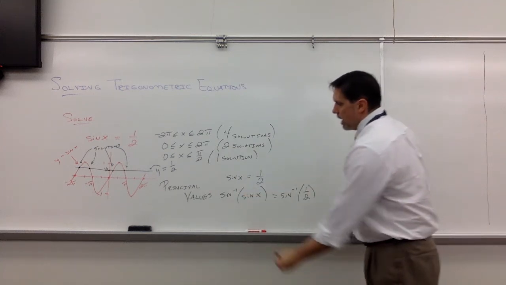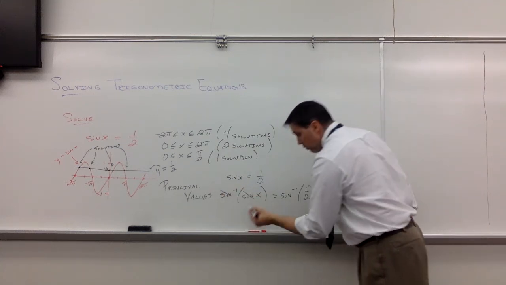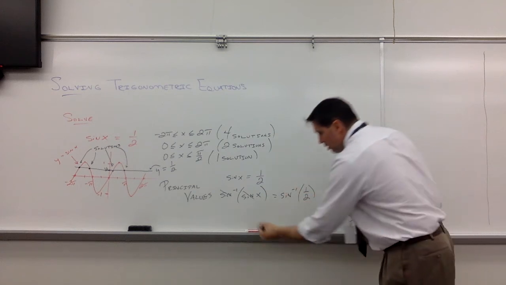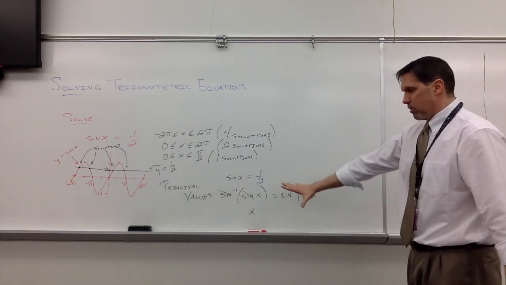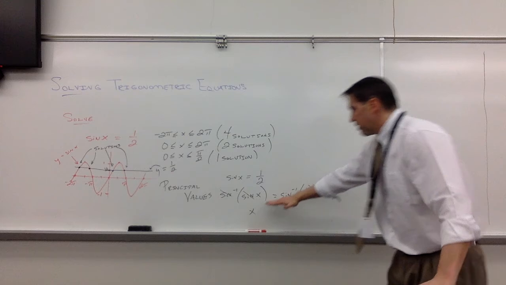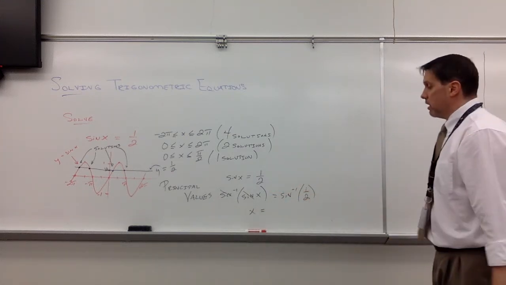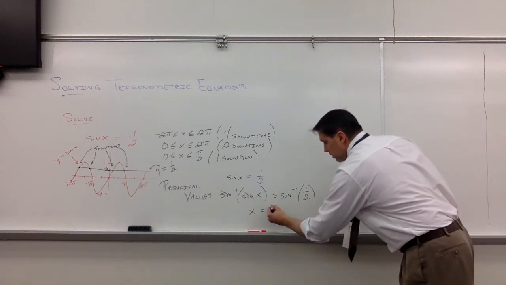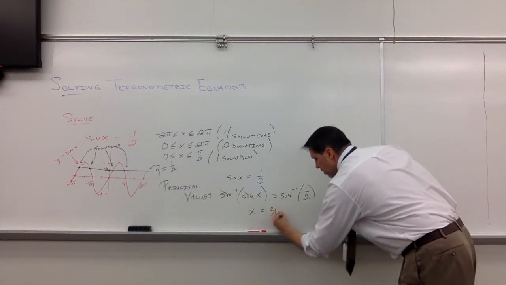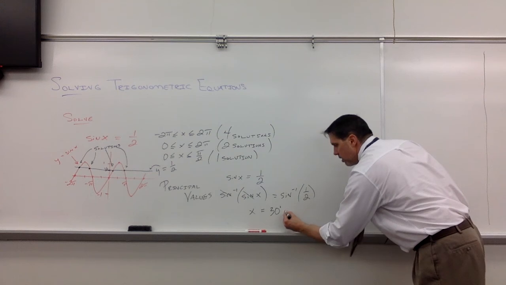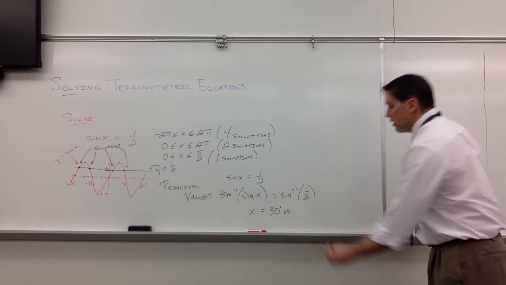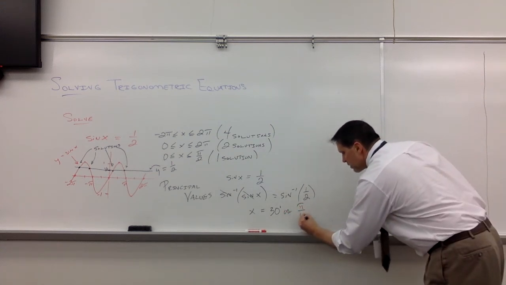Sine inverse of sine, a function with its inverse composed, will cancel each other out. I mean, we do have to be careful on certain ones. Watch that. But in this case, just say x equals the sine inverse of 1/2, which turns out to be, I'll start off with 30 degrees so you're familiar, or since we're talking radians, pi over 6.